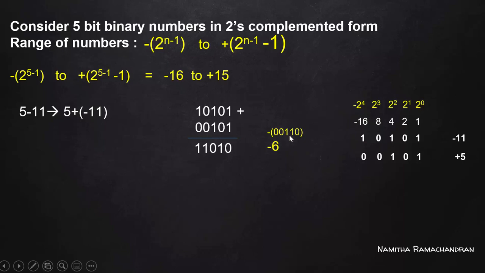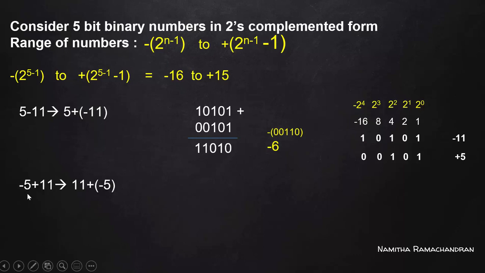Here we have only 2 ones in these two positions, with weightages 4 and 2. 4 plus 2 is 6. So minus 6 is the value corresponding to this binary representation of the sum.